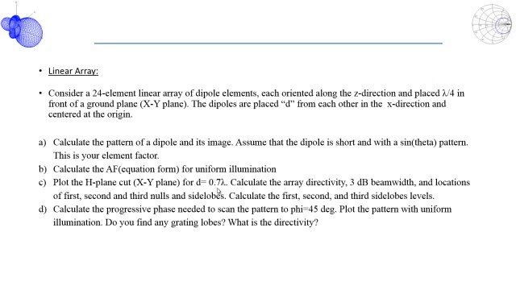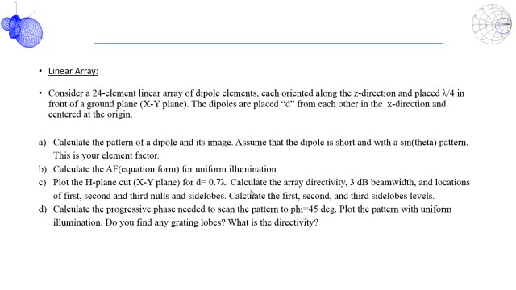You can do that based on the equation that's in the book. Then you're gonna inject a phase into each element of the array that will create a 45-degree angle pattern.